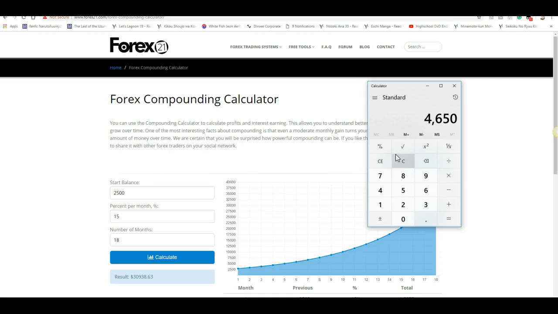If you think that's enough money, and you do that consistently every month for a year, you're making $55,000 a year, which is basically what the average U.S. household makes a year. And you're doing that with your Forex trading.